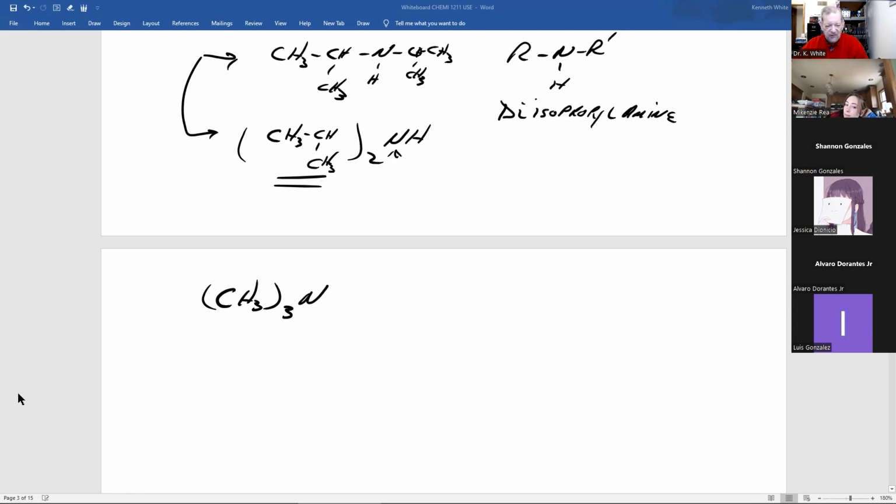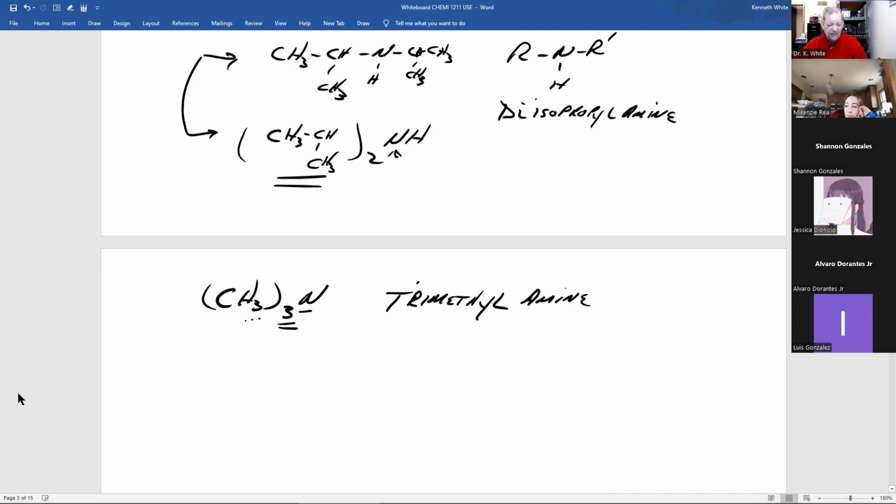All right, let's do it. What do we have here that's different? Nitrogen. Ooh, it's got not 1, not 2, but 3 methyl groups. 3 is trimethylamine.